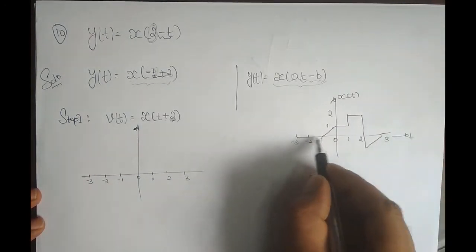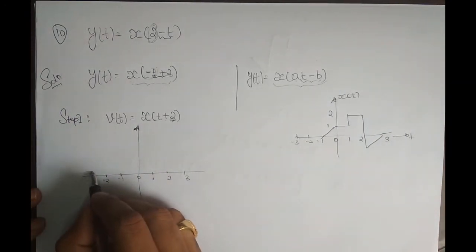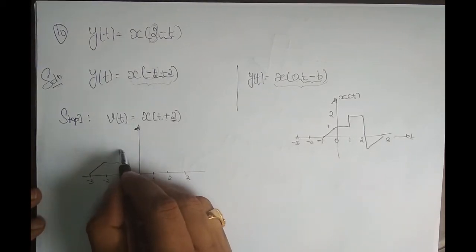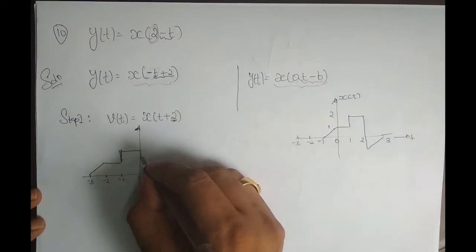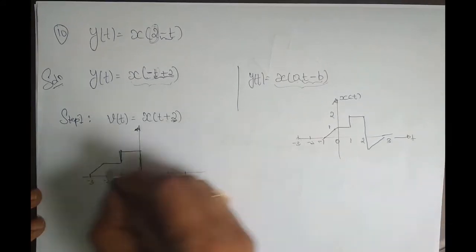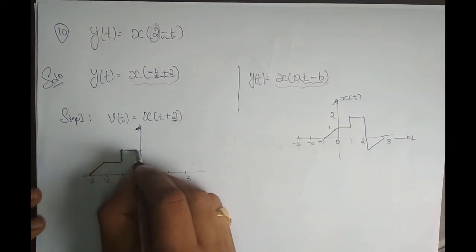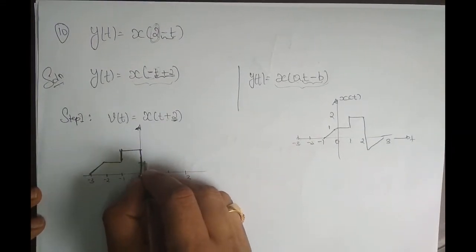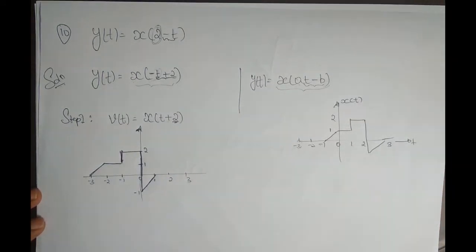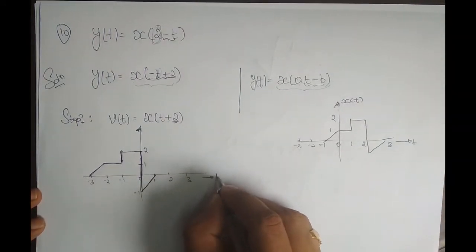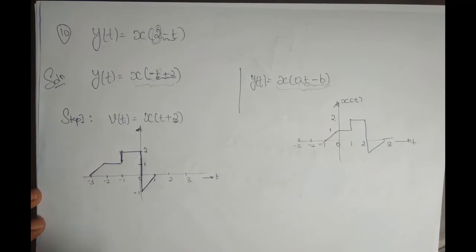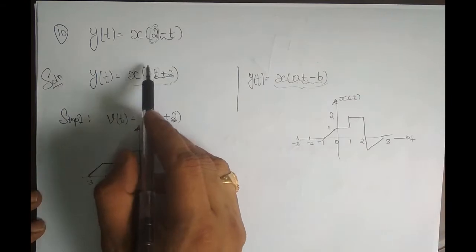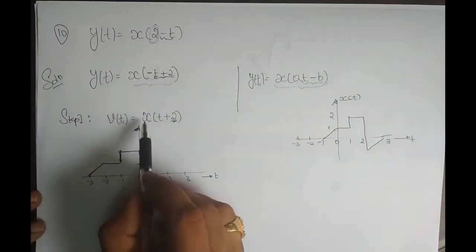This entire signal is shifted left by 2 units, so it starts from minus 3 and the pattern repeats. This is 1, this is 2, this is minus 1, right? This is t. So this is not our x of minus t plus 2. This is just x of t plus 2.